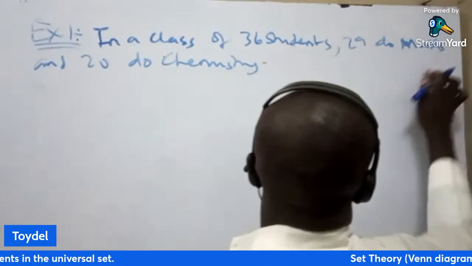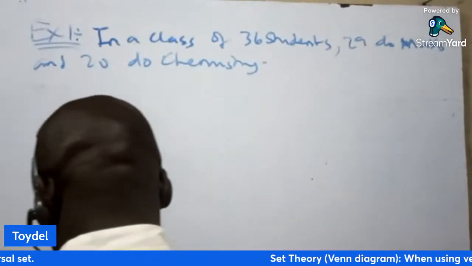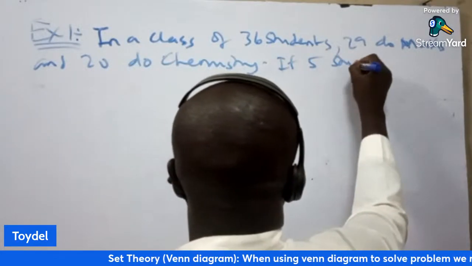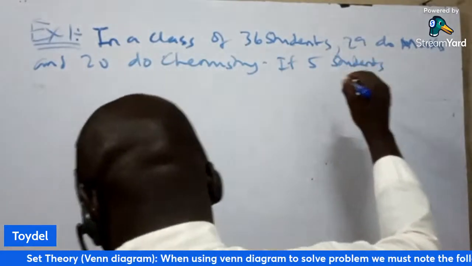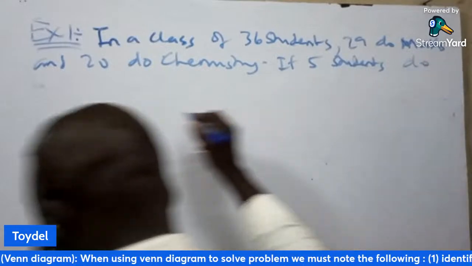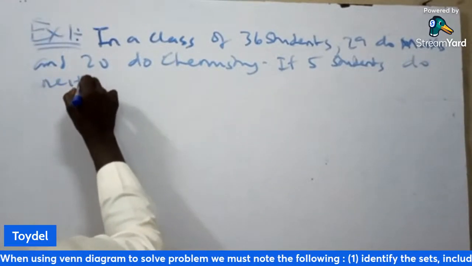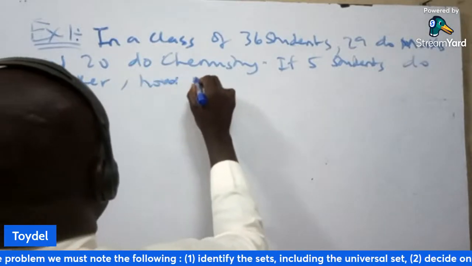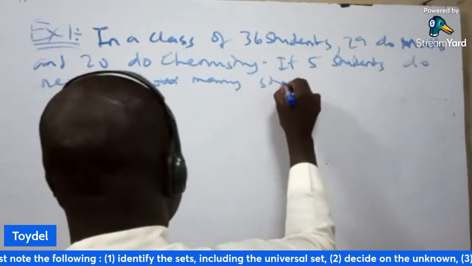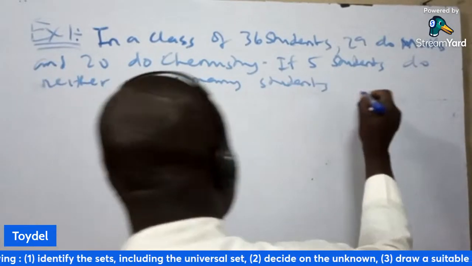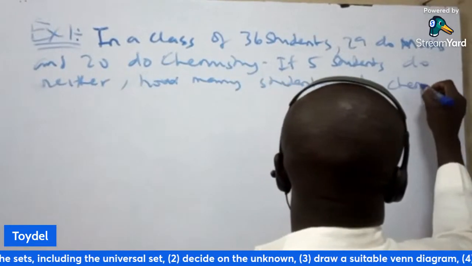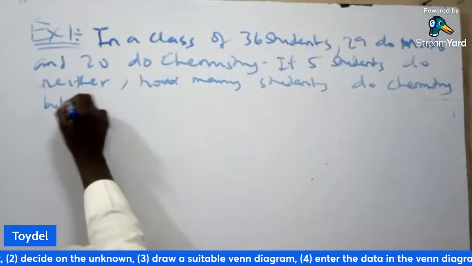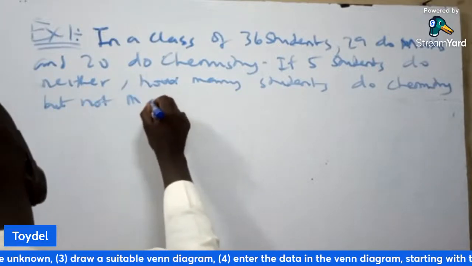If five students do neither of the subjects, how many students do chemistry but not mathematics?